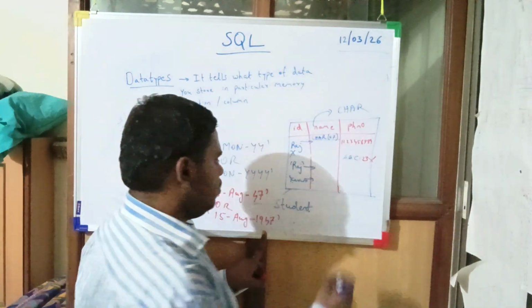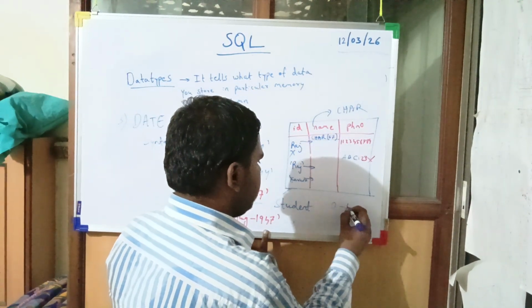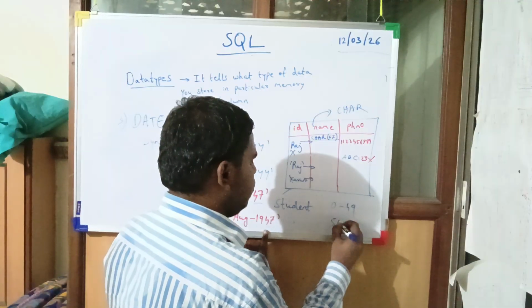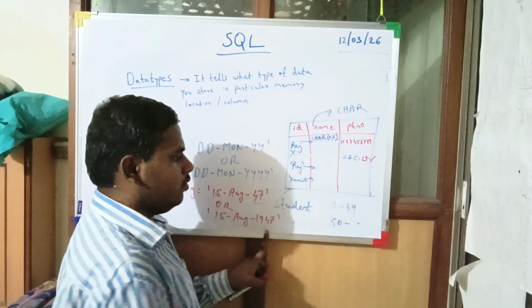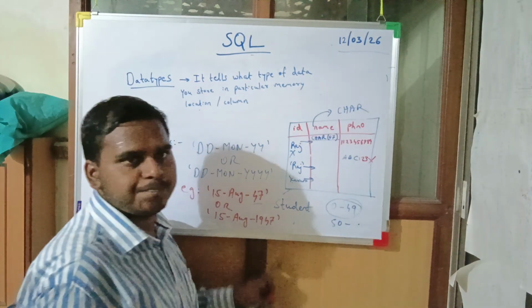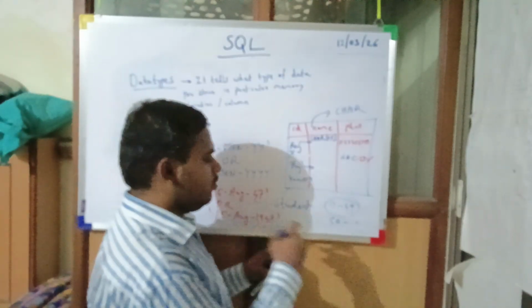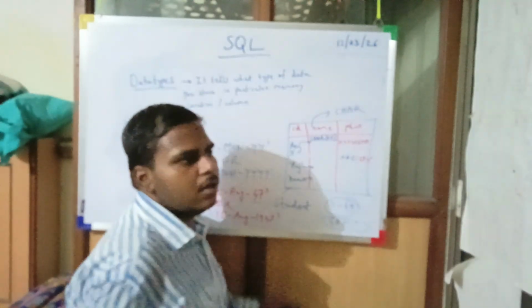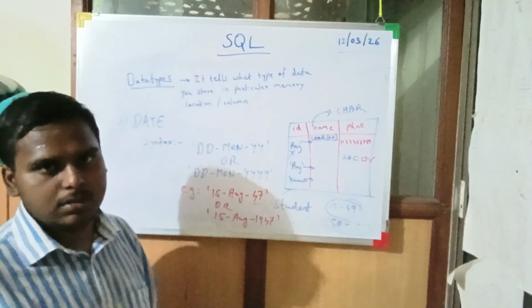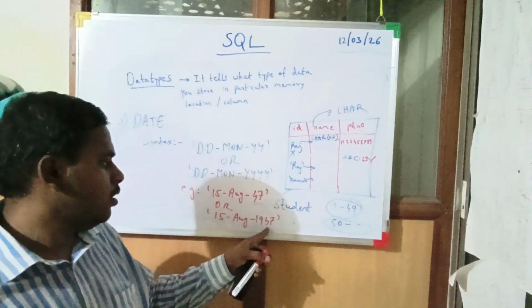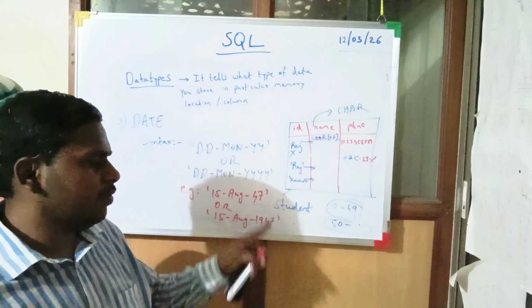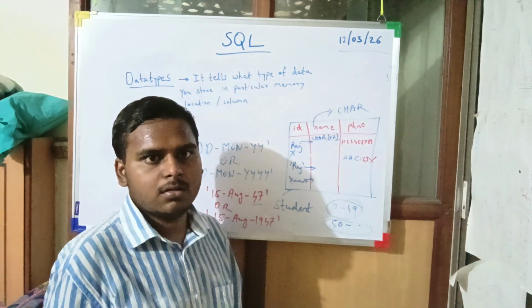There is a rule: if you write 0 to 49, it will take 2000s, and 50 or 52 something, it will take 1900s. If you write 15 August 50, then it will take 2050.